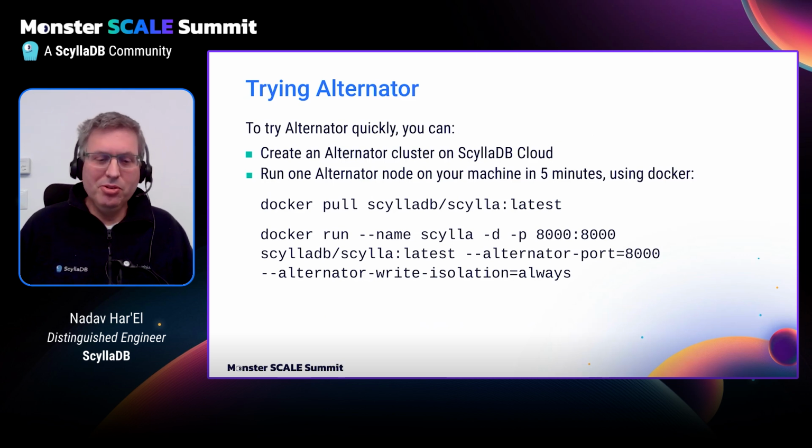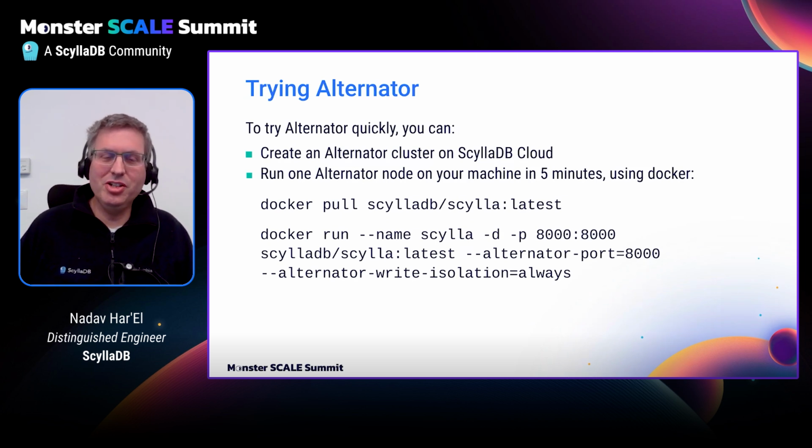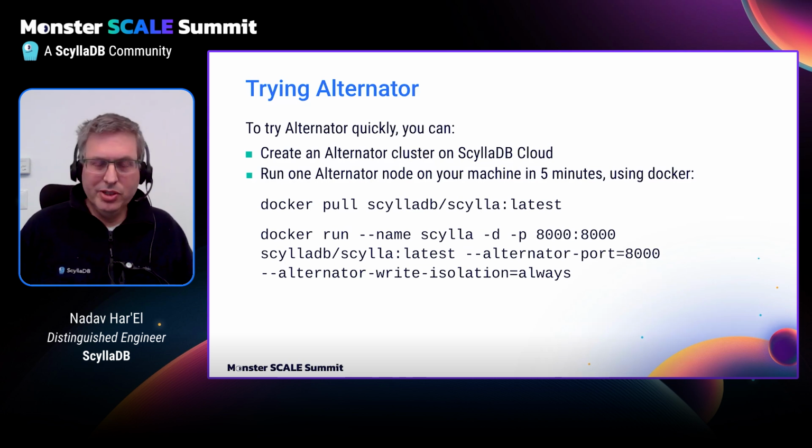Okay, so if you're curious and want to check if your application really works on Alternator, like we are saying it should, because we support unmodified applications, you can easily try Alternator. You can create a cluster on Scylla Cloud, it's very easy, and you can also run it on your own laptop in Docker.